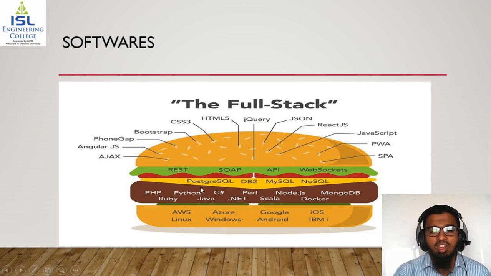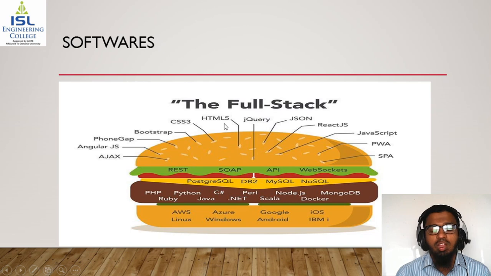Now here AWS, Linux, Azure, Windows, whatever the databases are, you can store them on the cloud. So AWS, Linux, Azure, Windows, Google Android, iOS, IBM i, this all will be used. From here we are seeing HTML5 and HTML6.